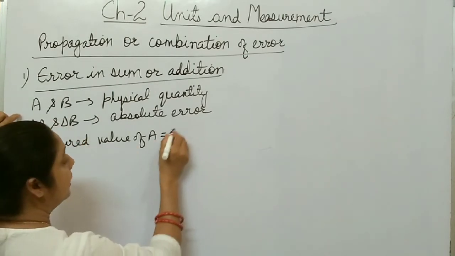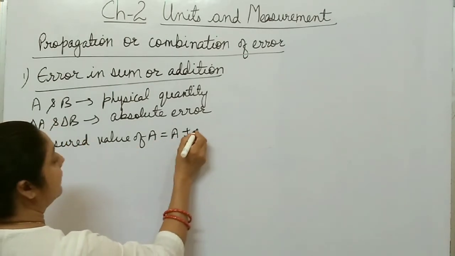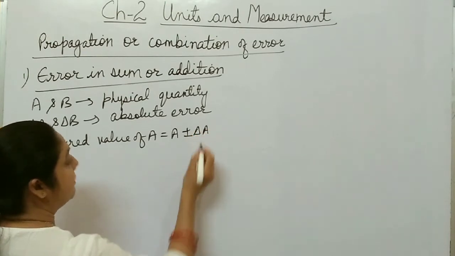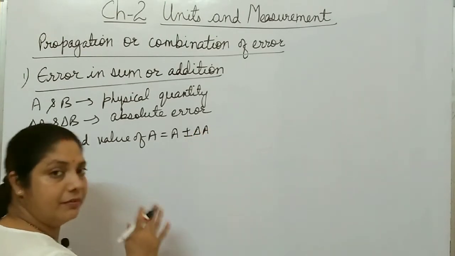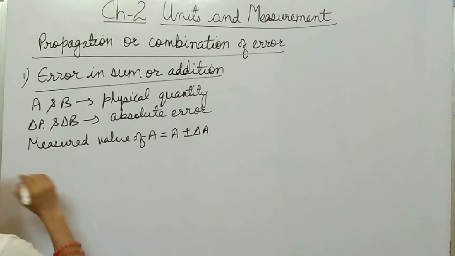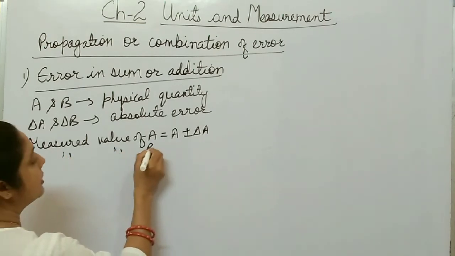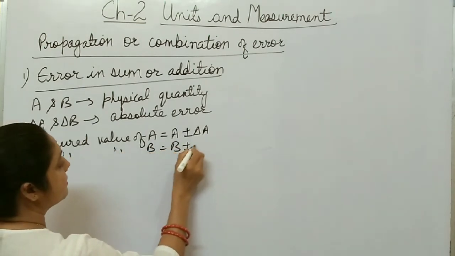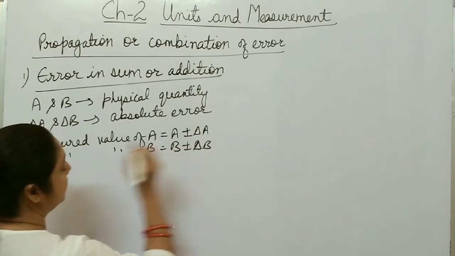True value is A, so A plus minus delta A. Error may be positive or negative, but it is always added. The measured value of B becomes B plus minus delta B.